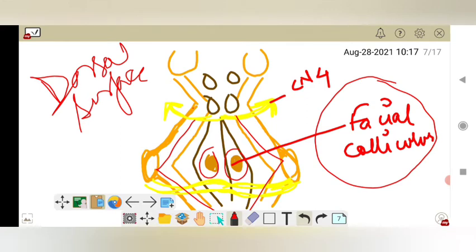Facial colliculus is an elevation which occurs due to the internal genu formed by the facial nerve. Basically motor fibers of facial nerve arise, and then they form a genu, meaning a curve, around the sixth cranial nerve, abducens nerve, and this elevation is seen on the floor of the fourth ventricle as facial colliculus.